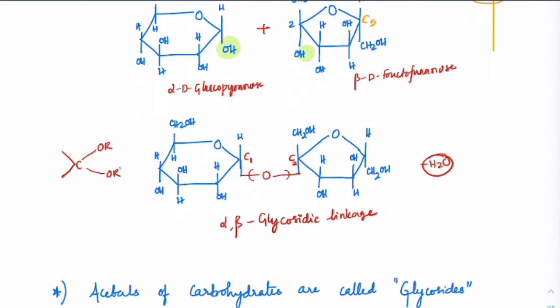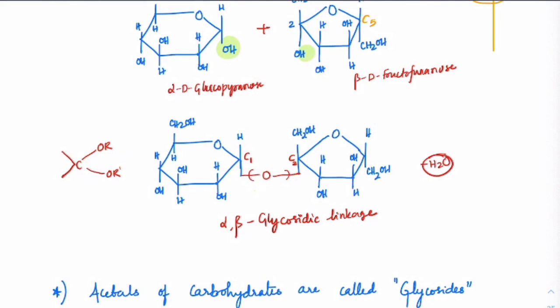Check. So between C1 of alpha D glucose and C2 of beta D fructose, a connection has been established, and that connection is called a glycosidic linkage. We use the glycosidic name when at least one of the carbons is converting from hemiacetal to acetal.